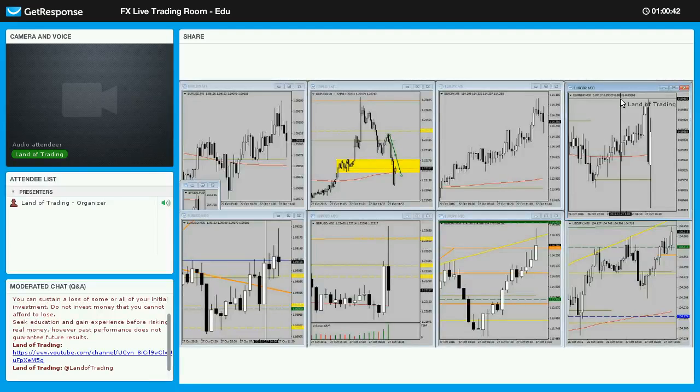So I'm adding 2 pips, so it's 89.43, and I'm adding spread. In my case, it's 1.6 spread here, so let's say 2 pips. So my stop is 46.